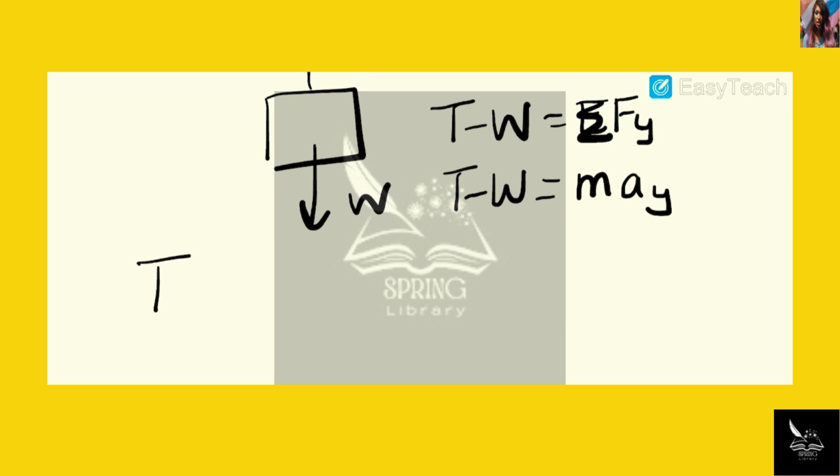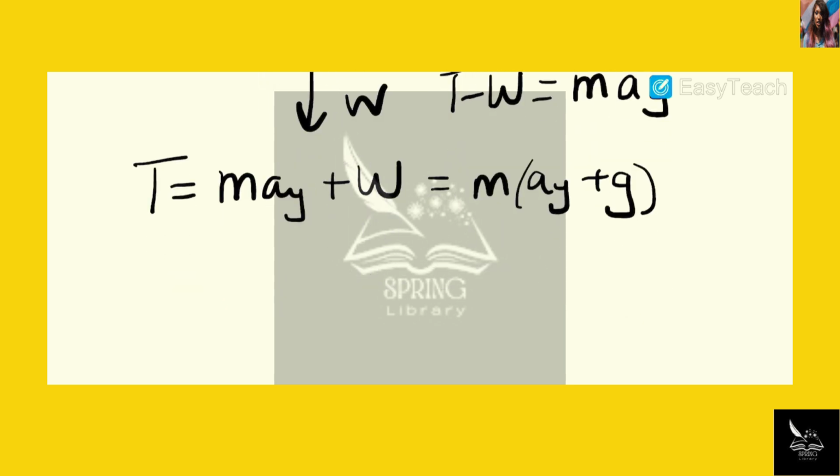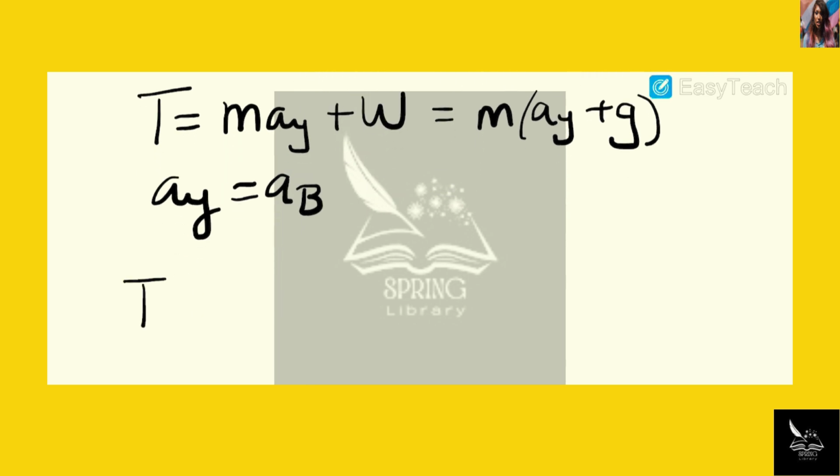We can isolate tension and say that tension is equal to M AY plus W, which is M times AY plus G. Our AY here is just equal to the AB that we previously calculated. Therefore, this gives us a tension equal to 1.8 kilonewtons, and that's our final answer.